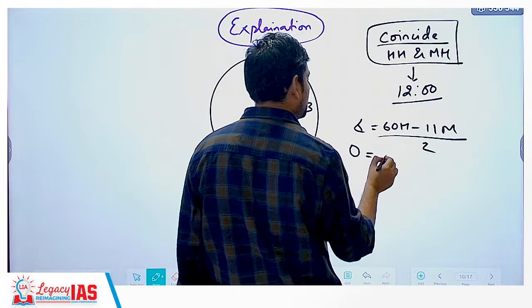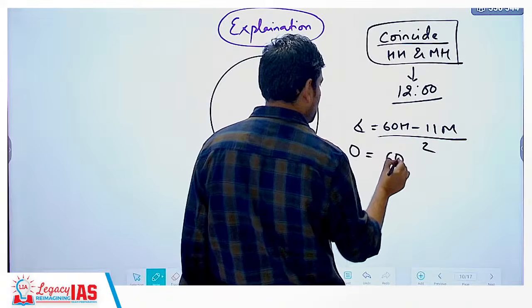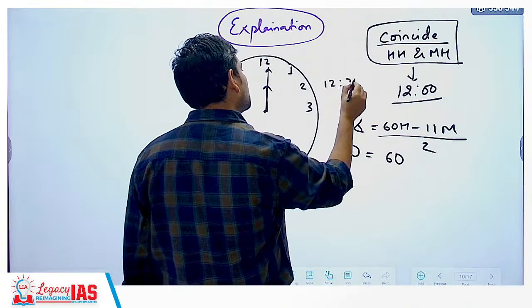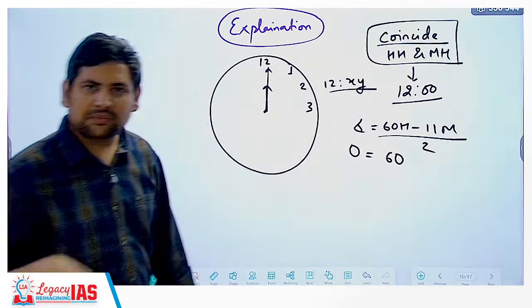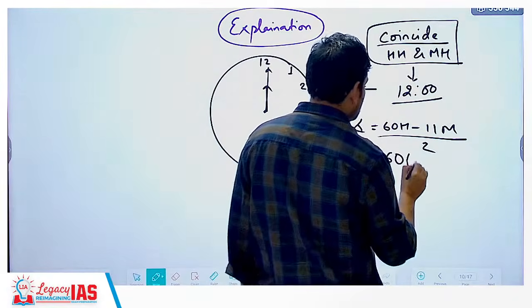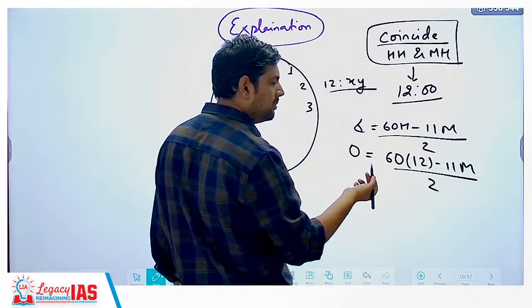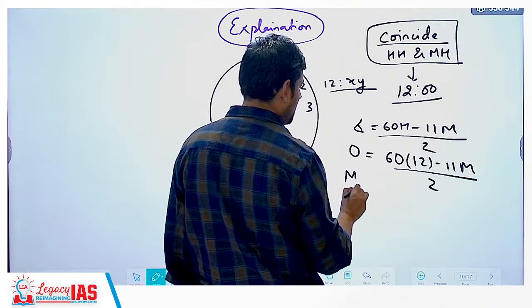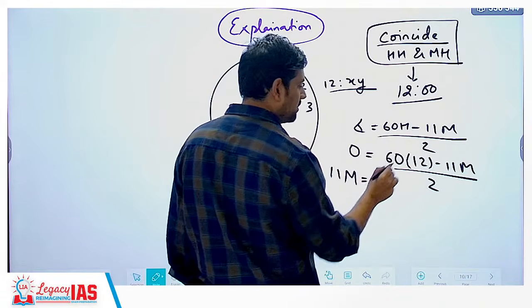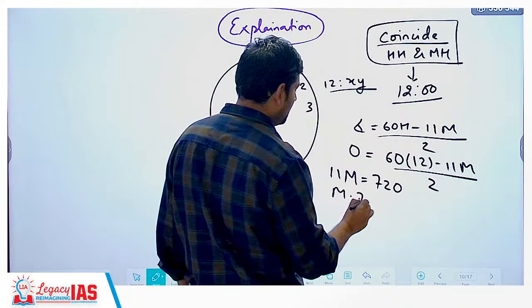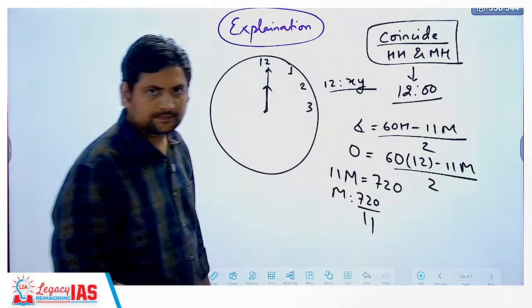You are looking for 0 degrees. Now if it coincides between 12 and 1, then it will look something like 12xy. So this is 12 minus 11m by 2. 2 you can cancel there, it becomes 0. Ultimately what you are getting, 11m is equal to 60 into 12, which is 720. M came out to be 720 by 11.